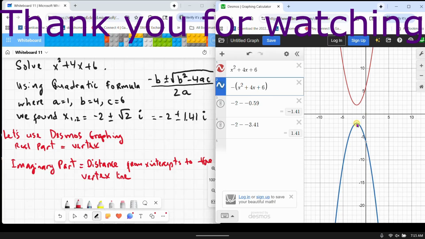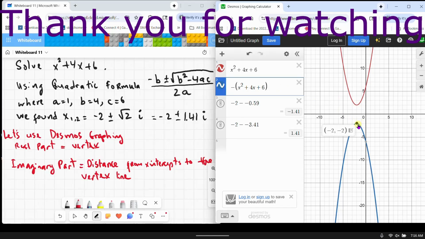This is the vertex of the reflected equation, and this is the vertex of the original equation. You want to see how many boxes between them. So it's 2 and this is negative 2, so you can see that the distance between these two vertices is 4.